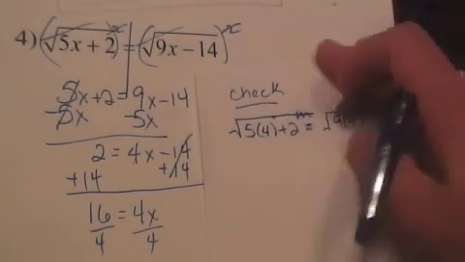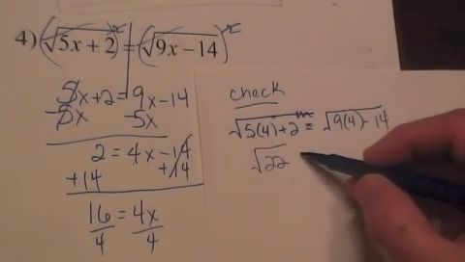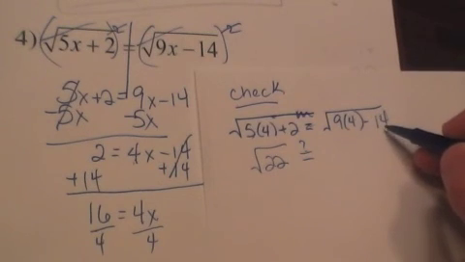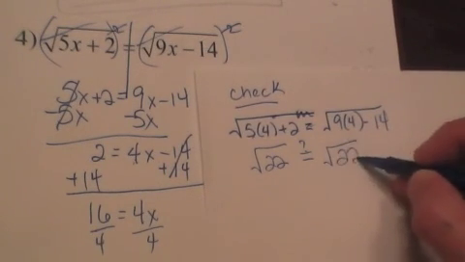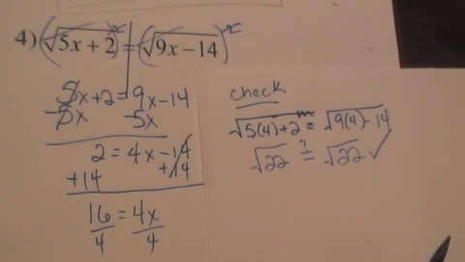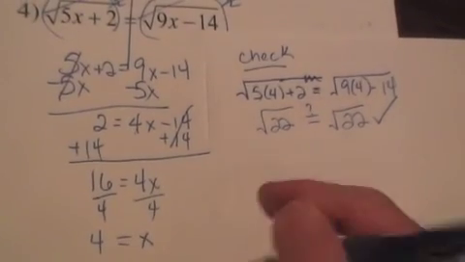This is 5 times 4 is 20, plus 2 is 22. Does that equal 9 times 4 is 36, minus 14 is 22. Radical 22 equals radical 22. Check. Therefore, x equals 4 is the solution.